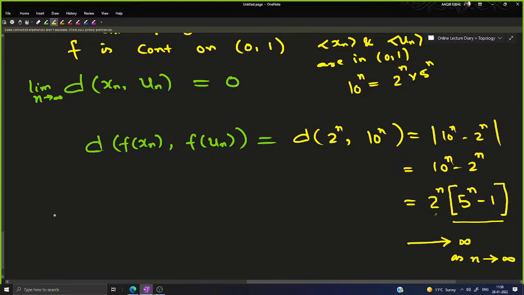So that means points xn and points un are coming close to each other, because the distance is 0 in the limit. ये जो xn's हैं और जो un's हैं, ये एक दूसरे के करीब आ रहे हैं, ठीक, because in the limit their distance is 0, but the moment you take the distance between their images, f of xn and f of un, आप देख रहे हैं कि जो distance between their images है, it's going to infinity.